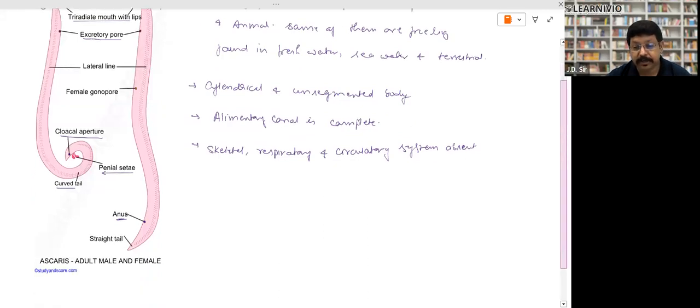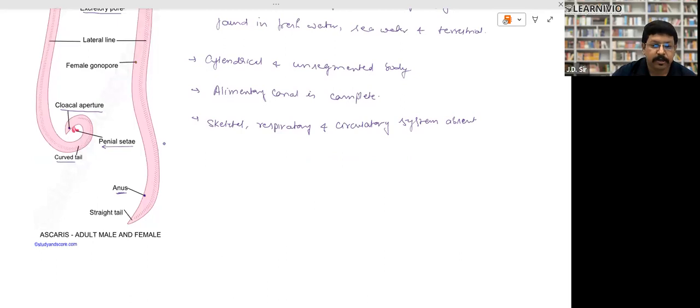Skeletal, respiratory, and circulatory. What else is important? Yes, their excretory system is important. What I'm making as a star, these are the questions which have already been asked, right? They can be asked again. So excretory system, they have a particular kind of cell.